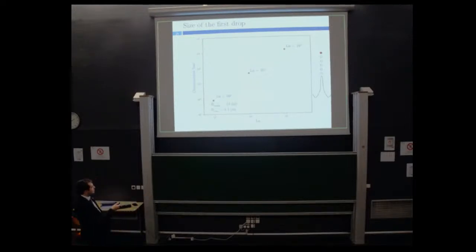If we measure the size of the droplet, we are starting with a bubble of 30 micrometer, and we're ejecting a drop at 0.1 micrometer, which is a very, very small droplet. If we increase the Laplace number, we are increasing the bubble size, and we are increasing as well the droplet size, up to a bubble of 1.3 millimeter. We can observe that the size of the first drop is increasing faster than the size of the initial bubble.